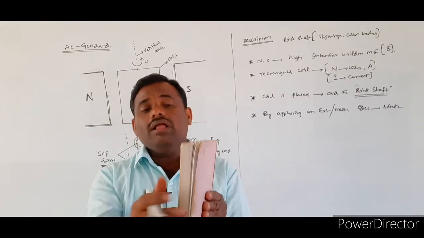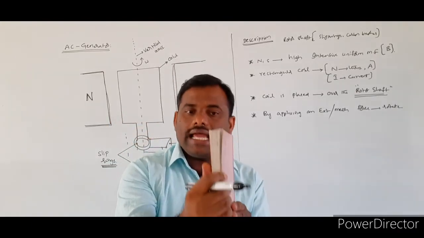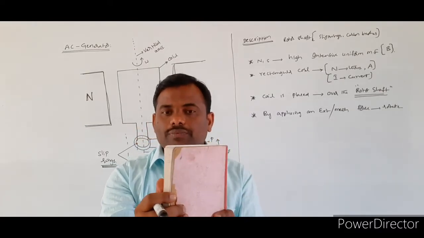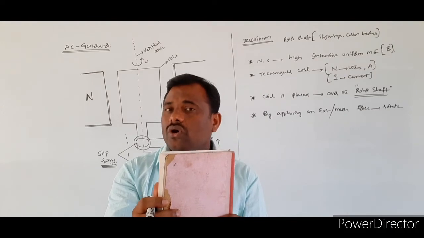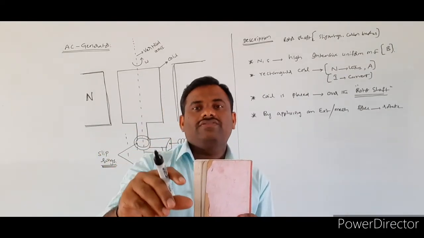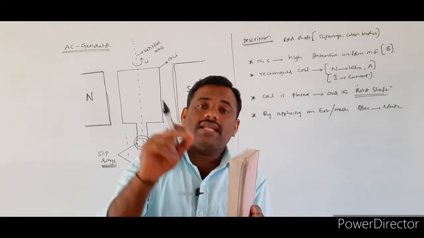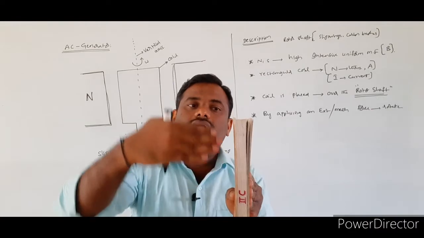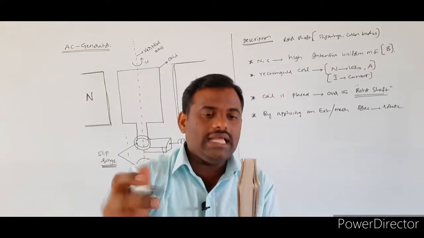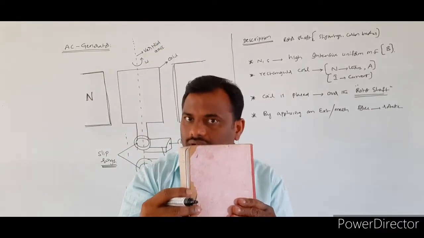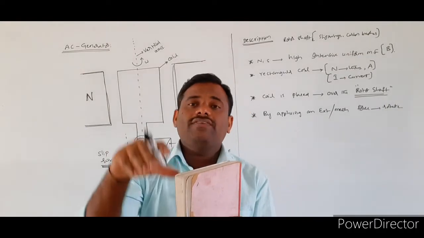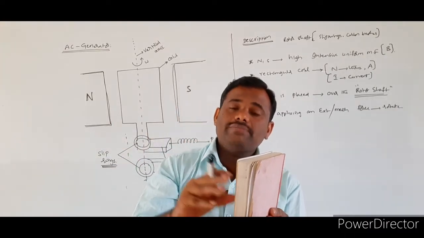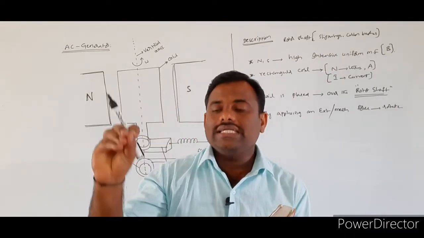Suppose the plane is rotated like this, then only fewer lines of force cross the surface normally. Whenever the orientation of the coil changes, the number of lines of force crossing the surface normally also decreases.